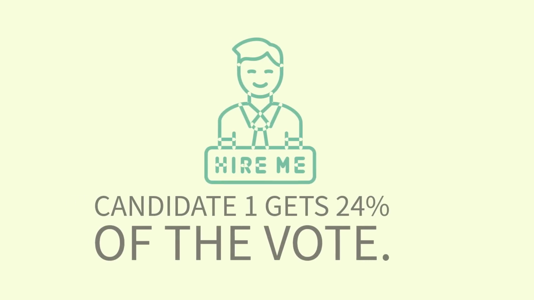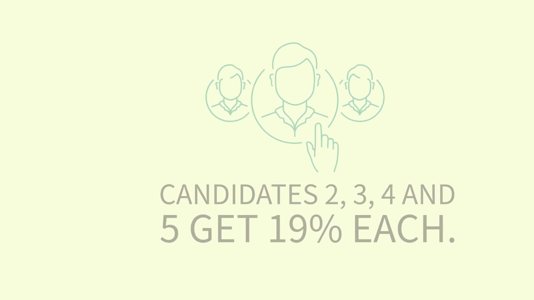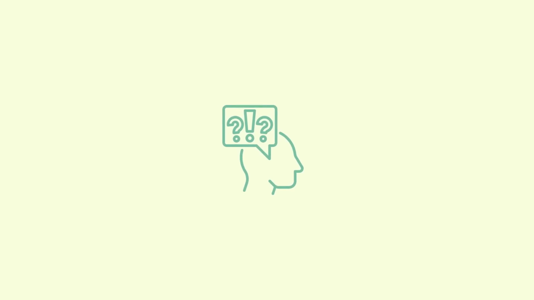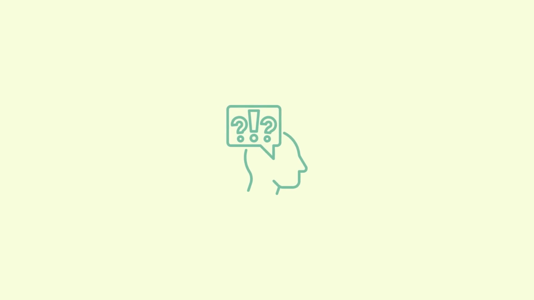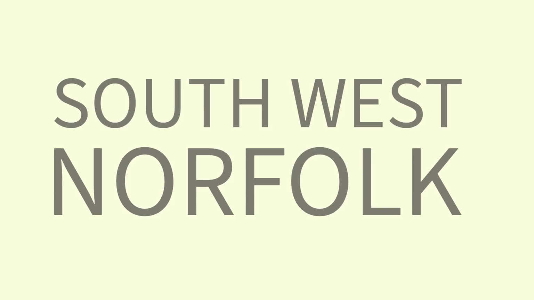Here's an example. Let's say there are 5 candidates, all wanting to be elected. Candidate 1 gets 24% of the vote, and candidates 2, 3, 4, and 5 get 19% each. I get that this is probably an extreme example, but you'd be surprised at how often these kind of results can happen. Just look at the South West Norfolk constituency in the UK and how it voted in the last election in 2024.